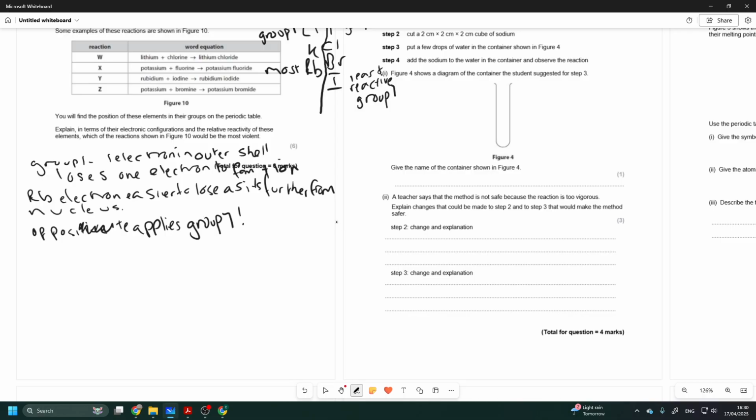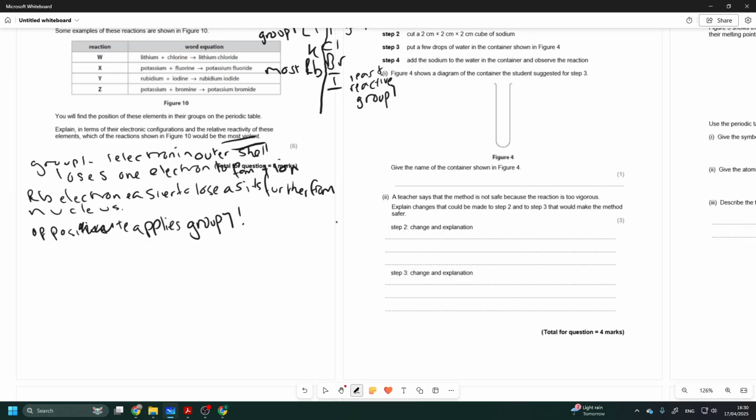You then have to say which ones you think will be the most violent. Now for me, we can see we've got potassium and fluorine reacting. Potassium is in the middle, but fluorine is right at the top.